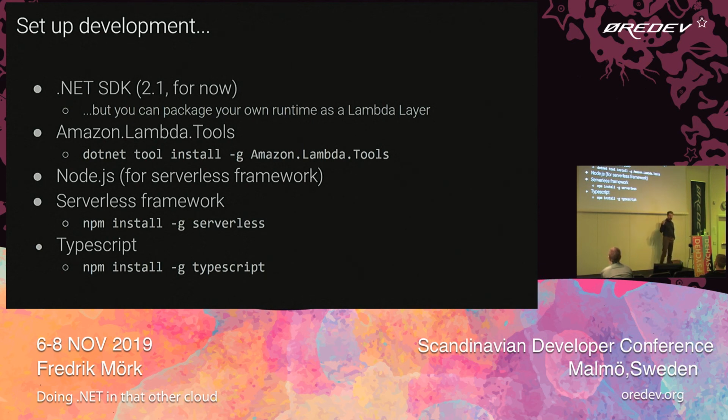But you can, as I mentioned, package your own runtime in something known as Lambda layers. It's not very complicated. Lots of information online on how to do that. Download and install the Lambda tools. You can install them directly from the command line like that. Serverless framework is a Node.js thing, so you need Node.js to do that. In this particular site, I also use TypeScript for the JavaScript, the client side. So you need to install TypeScript as well.